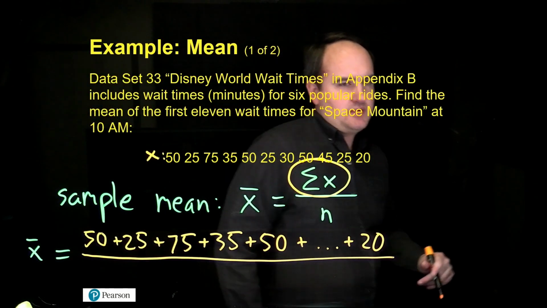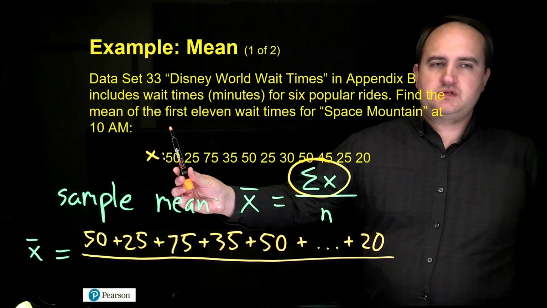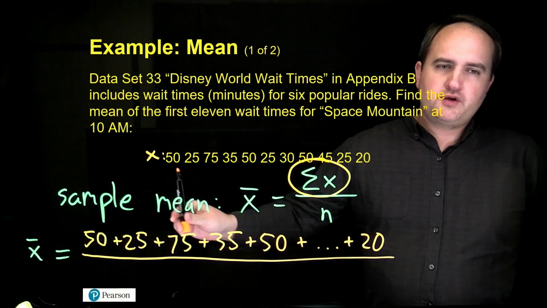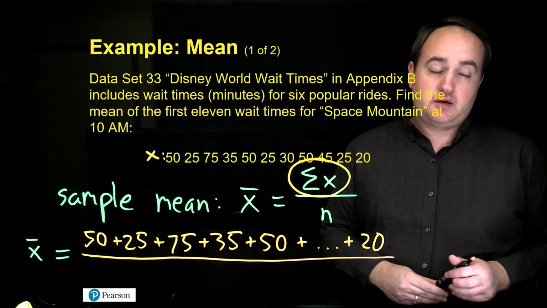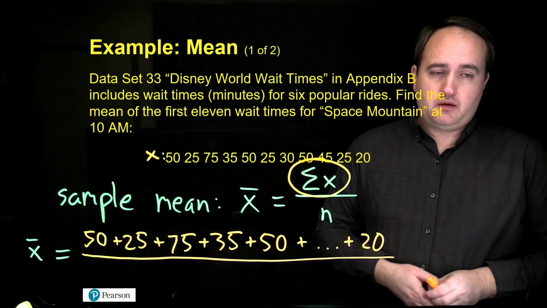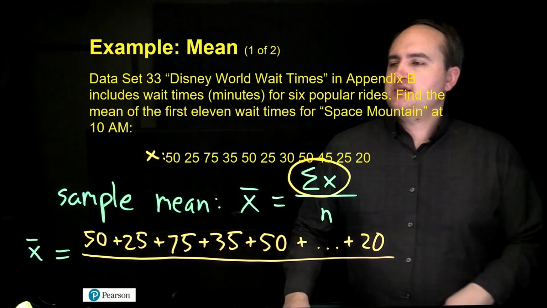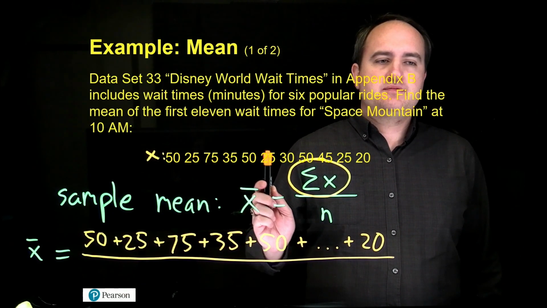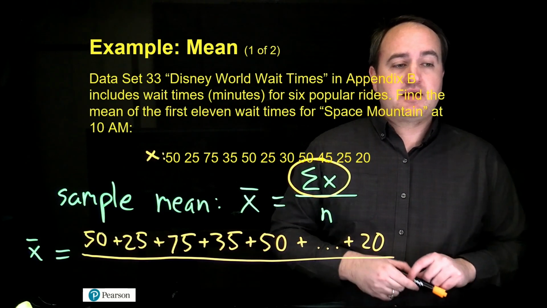So what's n going to be here? Well, you can either just read, they told us there were 11 wait times, so n is going to be 11, or you can just count. If you have all your data values like we do here, you can actually just count how many data values you have, and that'll be n. Okay, so like here, 1, 2, 3, 4, 5, 6, 7, 8, 9, 10, 11 data values.